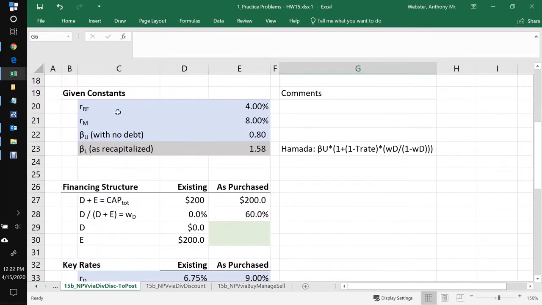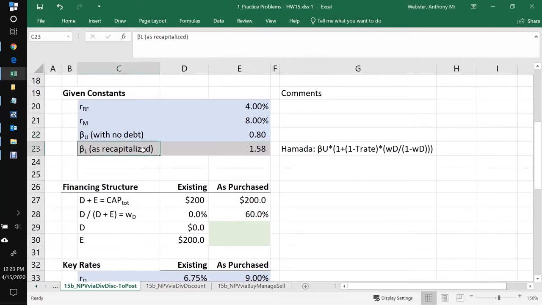All right, so now we have some given constants. Our risk-free rate here is given, and our equity market rate is given, and we have an unlevered beta for this firm of 0.8. And one thing I've mentioned before, and I'm going to keep mentioning, is that if we have a given firm with no debt and we compute its beta, we get whatever we get.